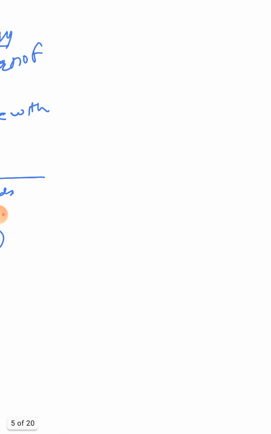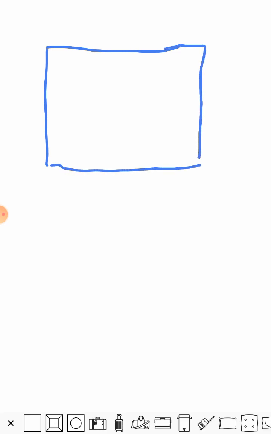Then comes the wave dominated delta. The wave dominated delta occurs when, suppose this is the plan view, and somewhere the river is coming, it gets divided into two parts. Here these mouth bars will be formed. This is the main feature.